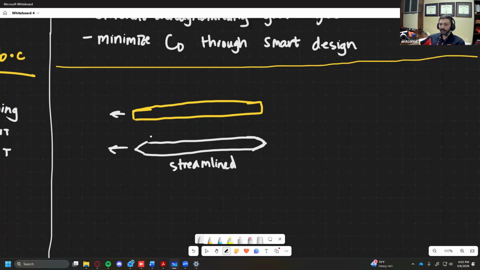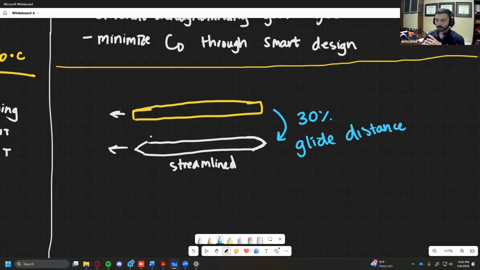And even in a flat plate example, which is kind of like the simplest solution, what you'll see is that even doing some simple chamfers, if you will, with a little bit of filleting, you can improve up to about 30% of your glide distance just by adding something as simple as this. Okay. So that's how important some of these aspects are.